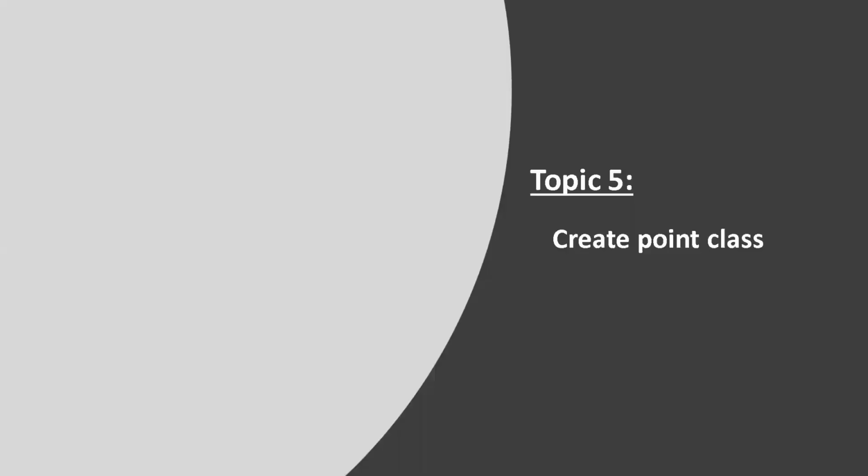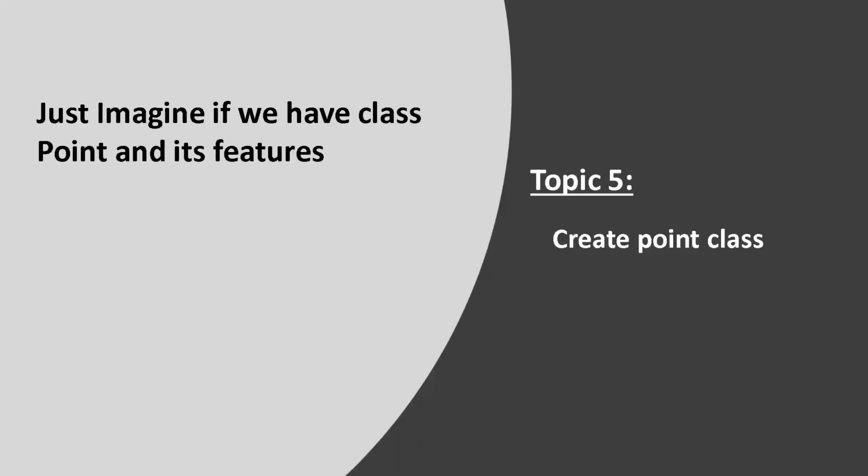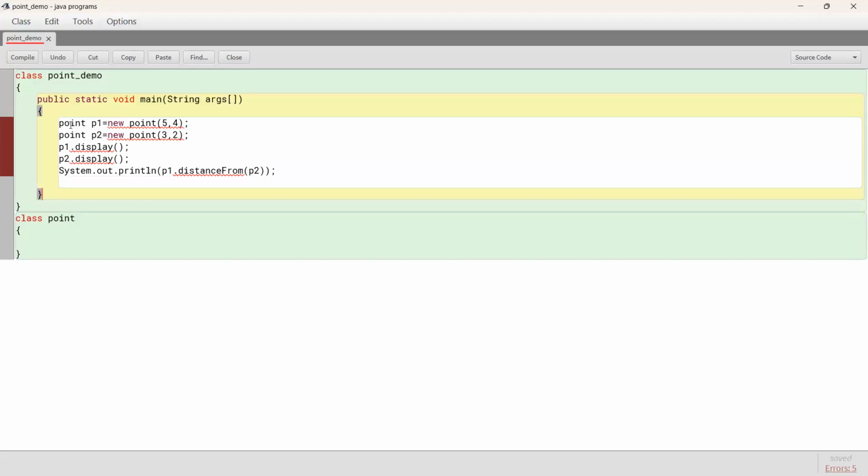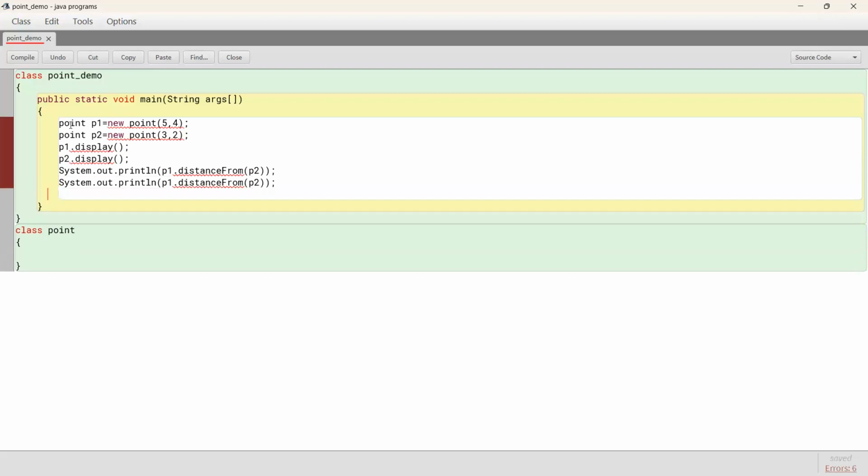If we go to the slide, some of its features or methods are display, distanceFrom. We want to explore distance from origin. Okay, that we can do. Origin means the point 0 0. If you have done the mathematics, I believe you are better than me, at least in mathematics, because I did it a long time ago in my school.